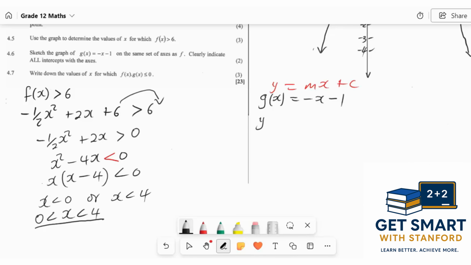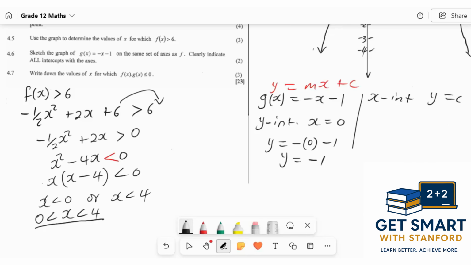We find the intercepts so that we can be able to draw, and we know that in the y-intercepts, x equals 0. So y equals minus 0 minus 1. Therefore y equals minus 1. We now have the value of y, and again x-intercepts, y equals 0.